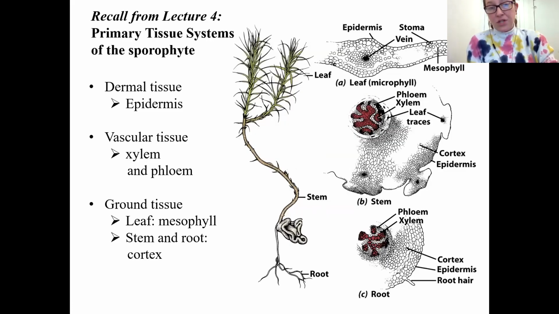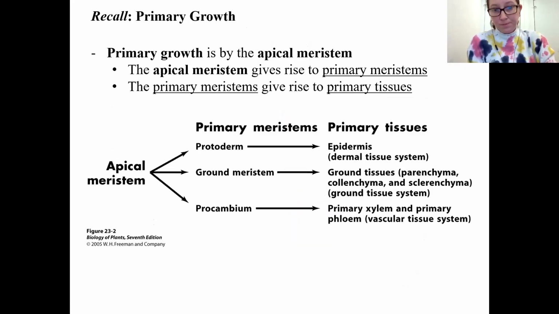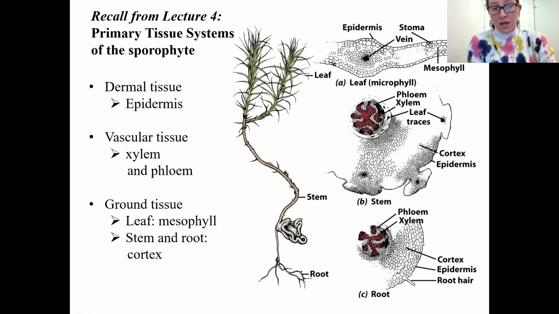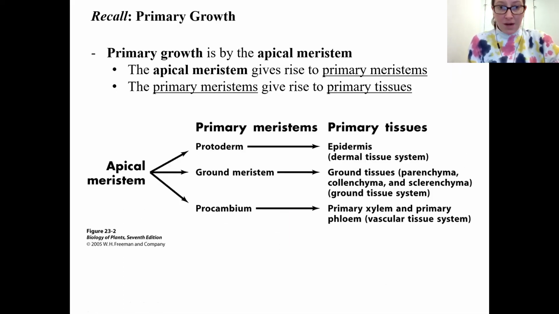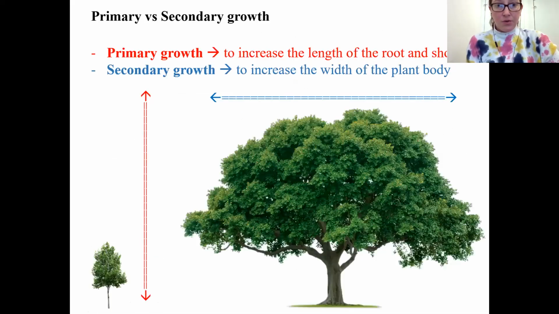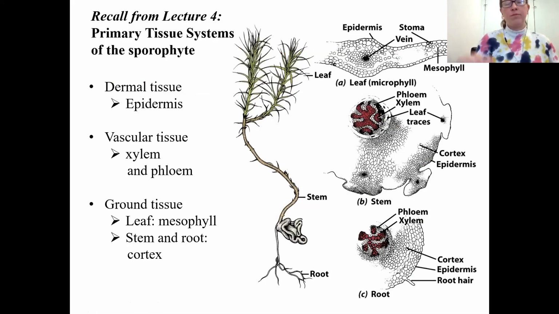Vascular tissue system is xylem and phloem, and primary xylem and phloem are made by the procambium. Ground tissue is mesophyll in a leaf, and in the stem and root it is the cortex, composed of different cell types, which is made by the ground meristem. That's why I'm connecting those together. This is why we're talking about all of this, because I keep saying primary, right?